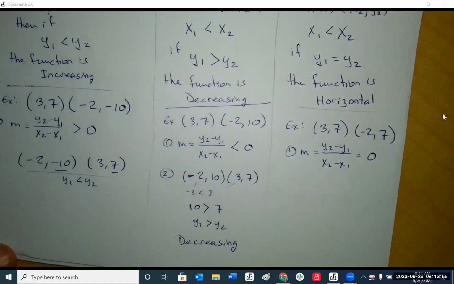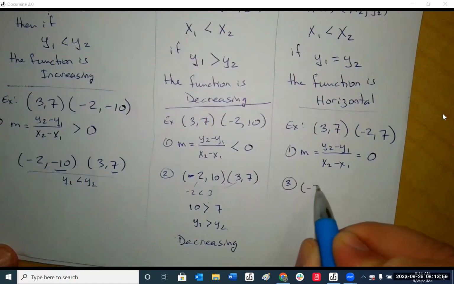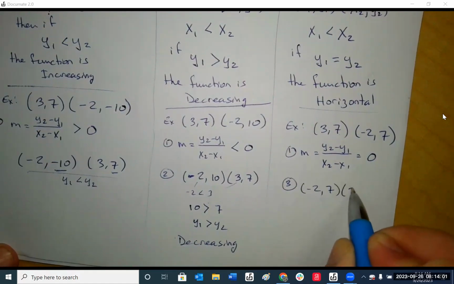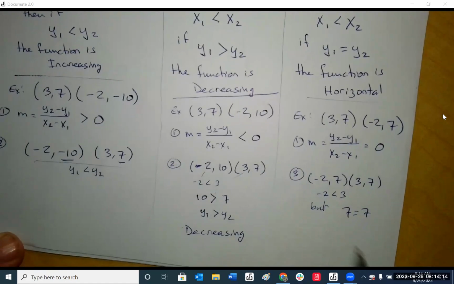All the y values are the same. If you rearrange them, so -2 is less than 3, but we have 7 is equal to 7. So it's horizontal.